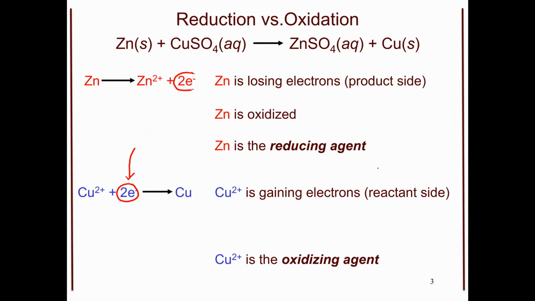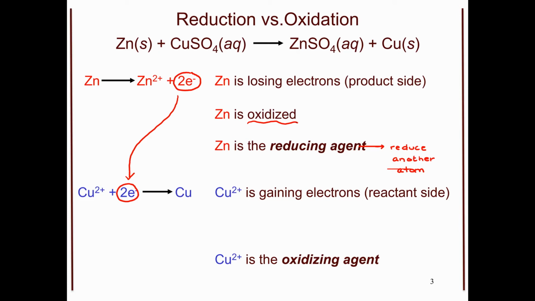So if zinc is going to be the reducing agent, this means that we are going to reduce another atom. So in order to reduce another atom type, we therefore must be oxidized. So be careful as you're looking through your reactions, because we might say, look for the oxidized atom, and then the next question we might say, what is the reducing agent? And we are literally asking for the same thing.